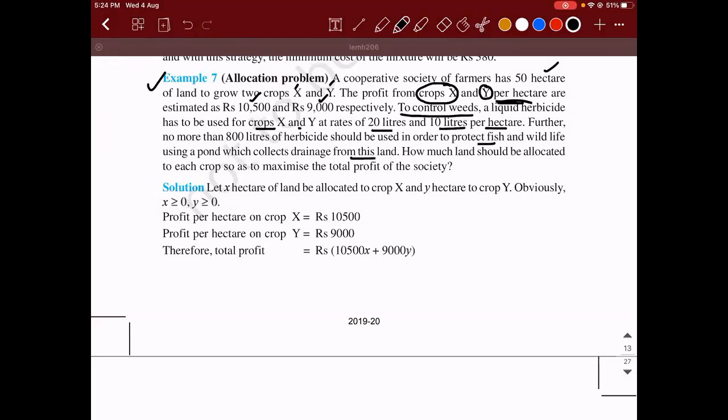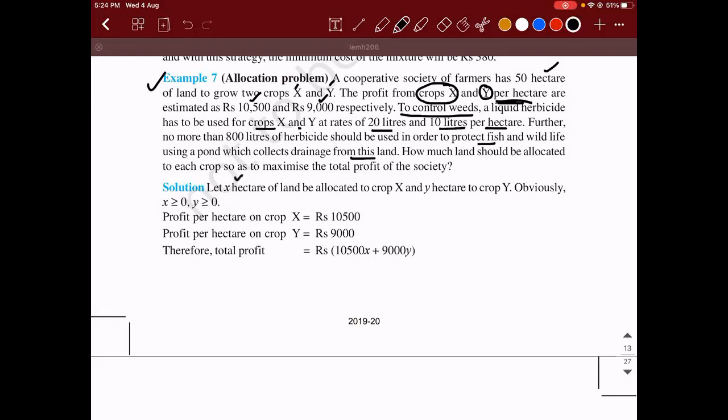How much land should be allocated to each crop so as to maximize the profit of the society? So there are certain constraints. What is the major controlling factor? What do we need to find? We need to find the amount of land to be allocated to each crop.